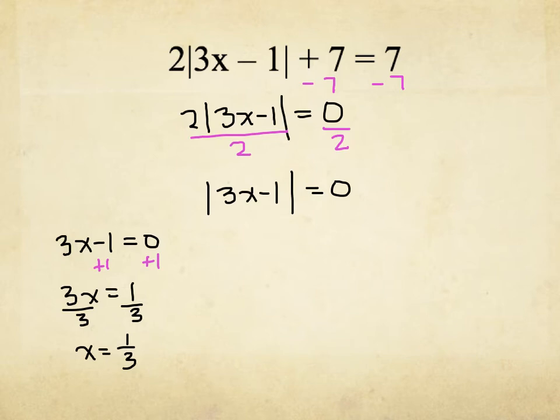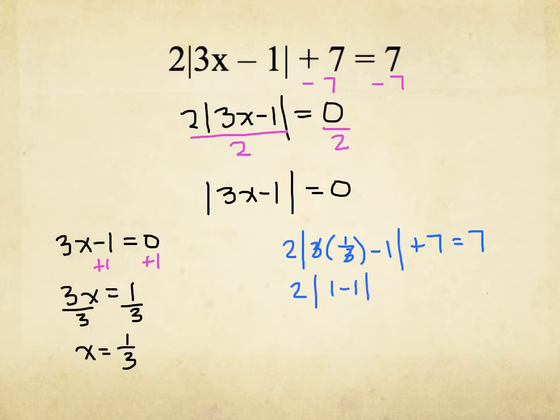So I have 2 times the absolute value of 3 times 1/3 minus 1, plus 7 equals 7. I can cross simplify, so I get 2 times the absolute value of 1 minus 1, plus 7. 2 times the absolute value of 0 plus 7 equals, not 0, I apologize.